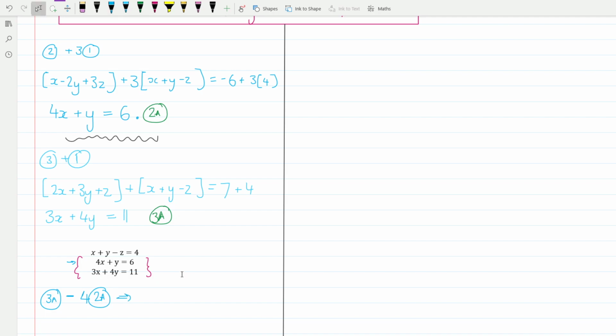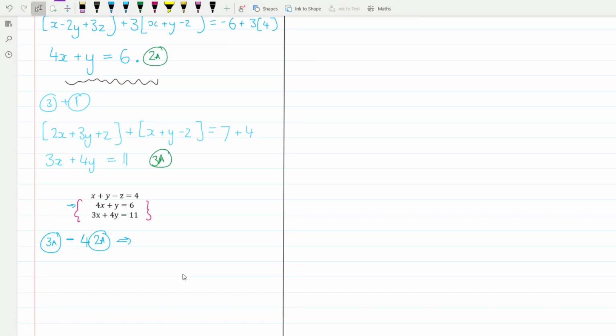Let's see what that turns out as. 3x plus 4y, take away 4 lots of 4x plus y, and I'm going to have on the right hand side 11 take away 4 lots of 6.